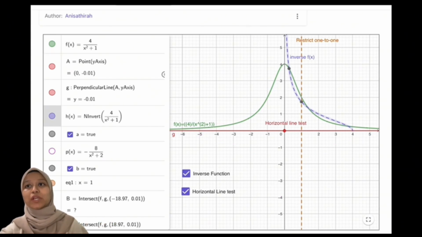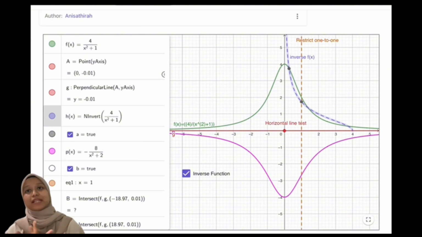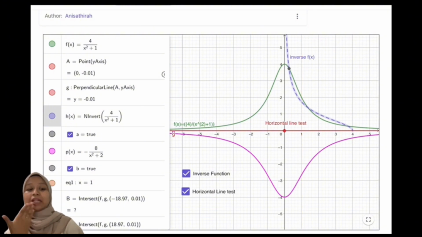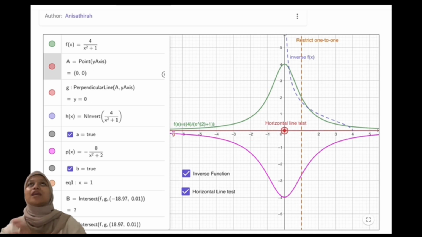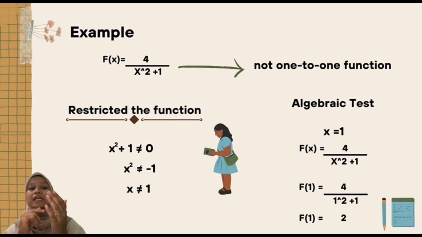Then we can also use the algebraic test to compare the output for different inputs. So input and output, such as domain and codomain, you can see that the result of domain and codomain is the final answer, one-to-one or not one-to-one.